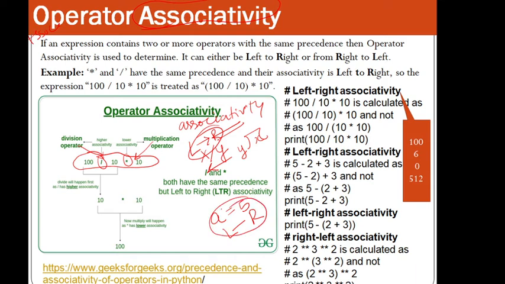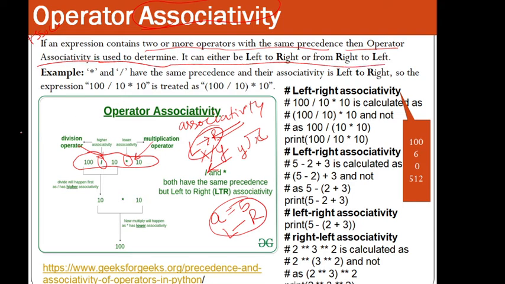Got it? So then we come to the definition first. If an expression contains two or more operators with the same precedence, then operator associativity is used to determine the order. It can either be left to right or right to left.